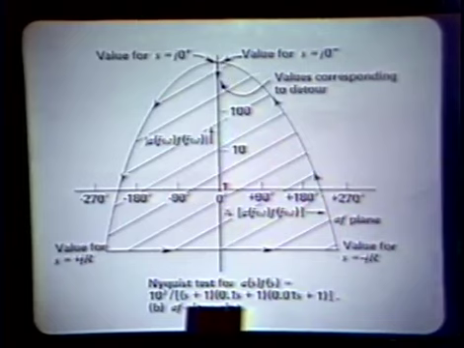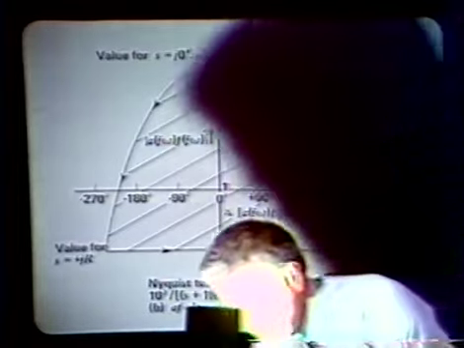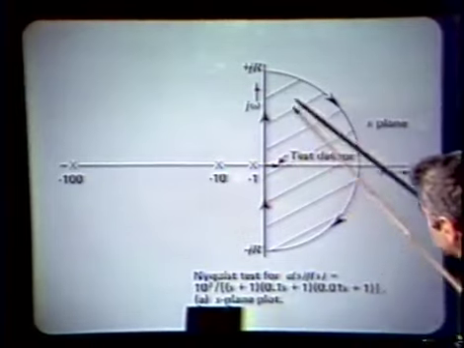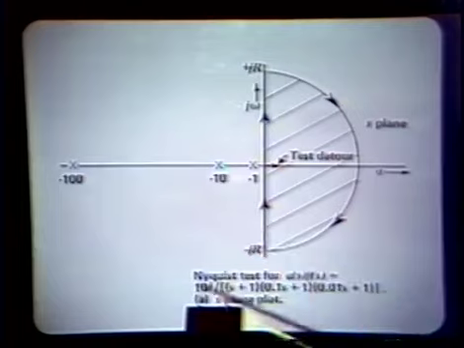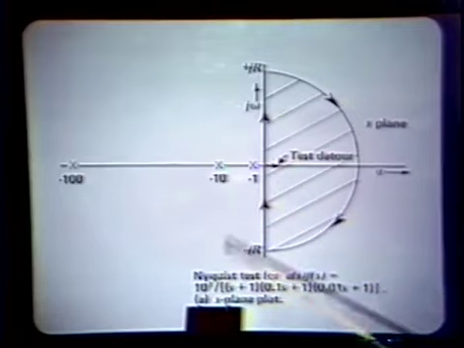And so our only final task is to determine whether this shaded region corresponds to this shaded region. And the way to do that, or at least one way to do it, is to take a test detour.